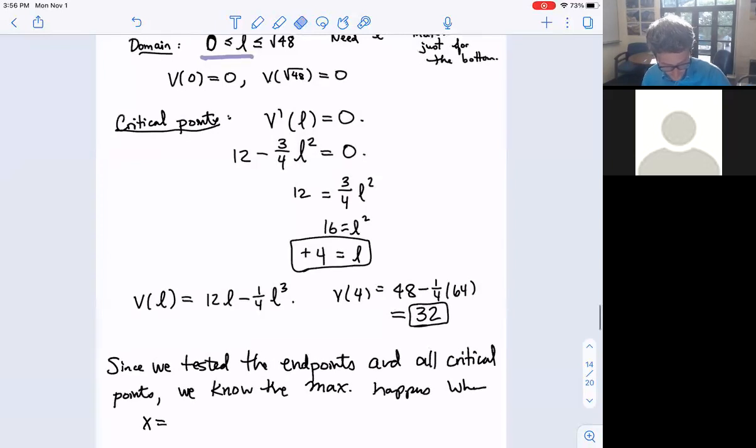Sorry, our variable is called L. And in that case, the volume is equal to 32.